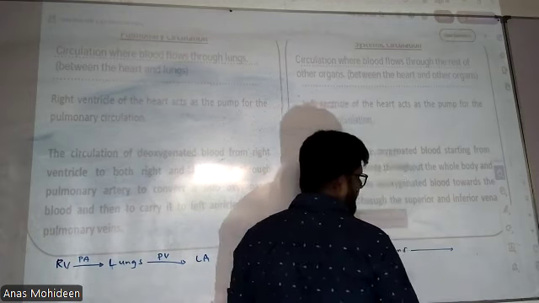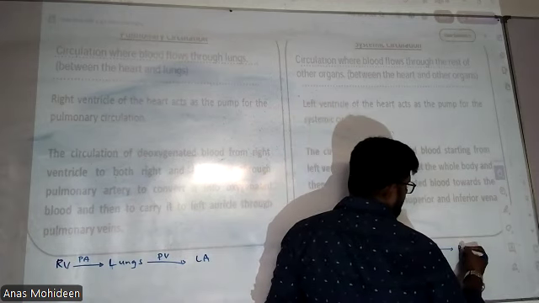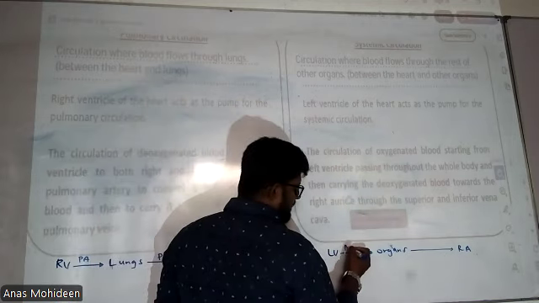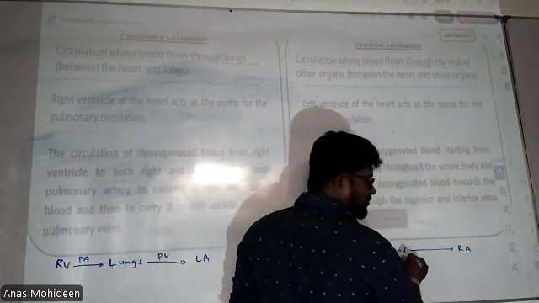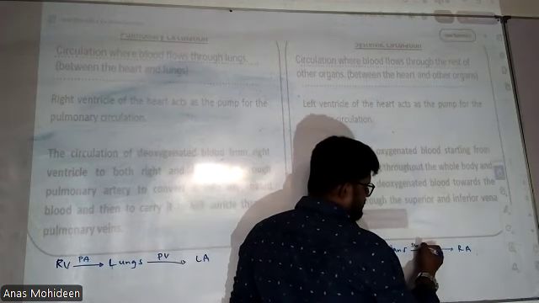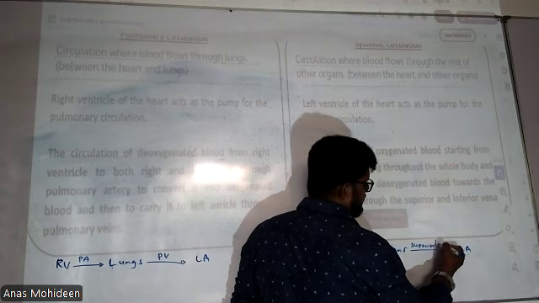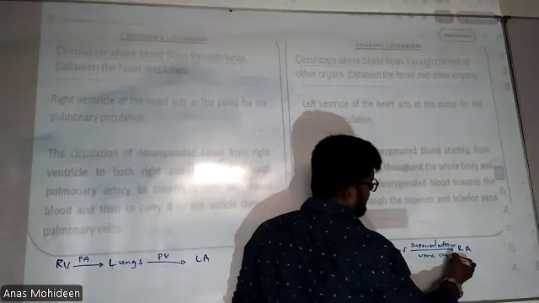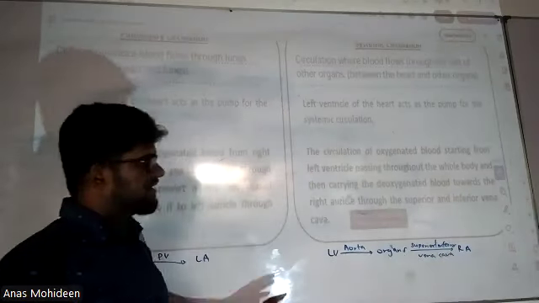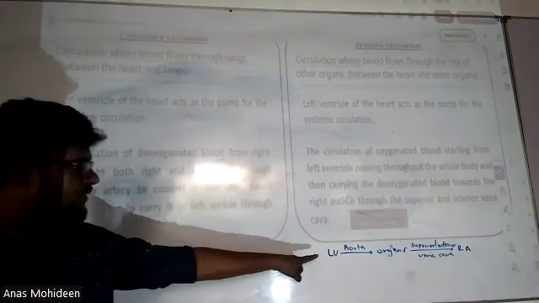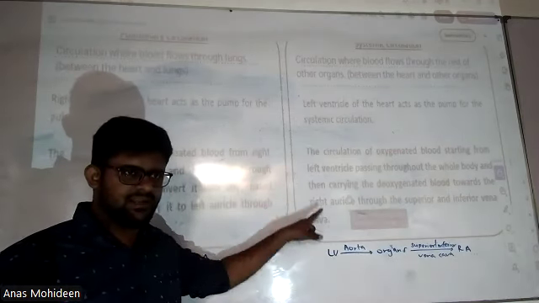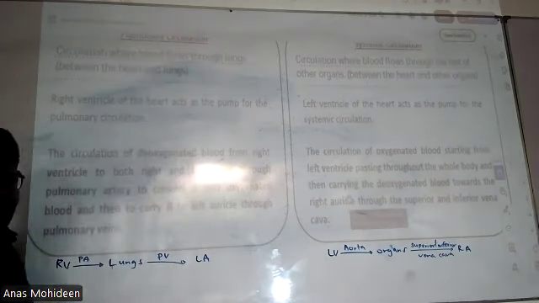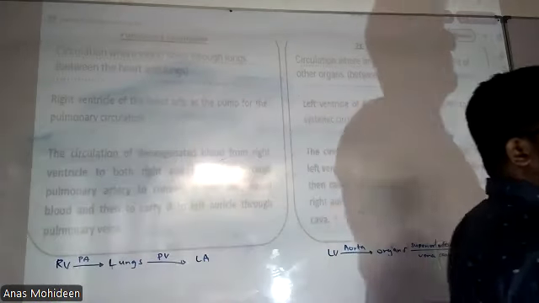Again, superior and inferior vena cava carry deoxygenated blood back to the right atrium. So here who is the blood pump? Left ventricle. Systemic blood pump is the left ventricle. Here the blood pump is the right ventricle. Please mark it down below the diagram, below the table there.